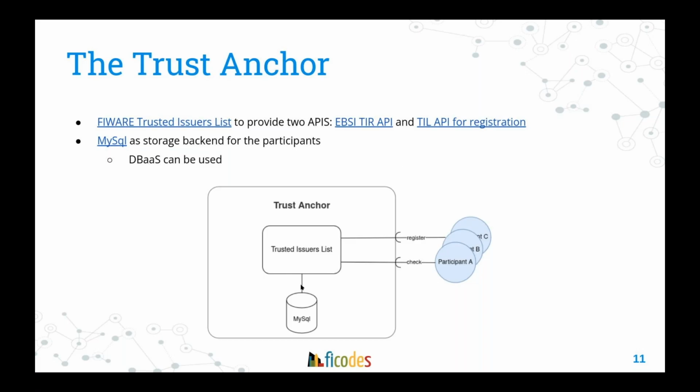In addition, to store the information about those issuers, the Trusted Issuers List uses a MySQL database as a storage backend for the participants. You can either deploy it as part of the connector, or you could also use a database-as-a-service offering somewhere. But in this demo today, we will just deploy the MySQL together with our trust anchor services.